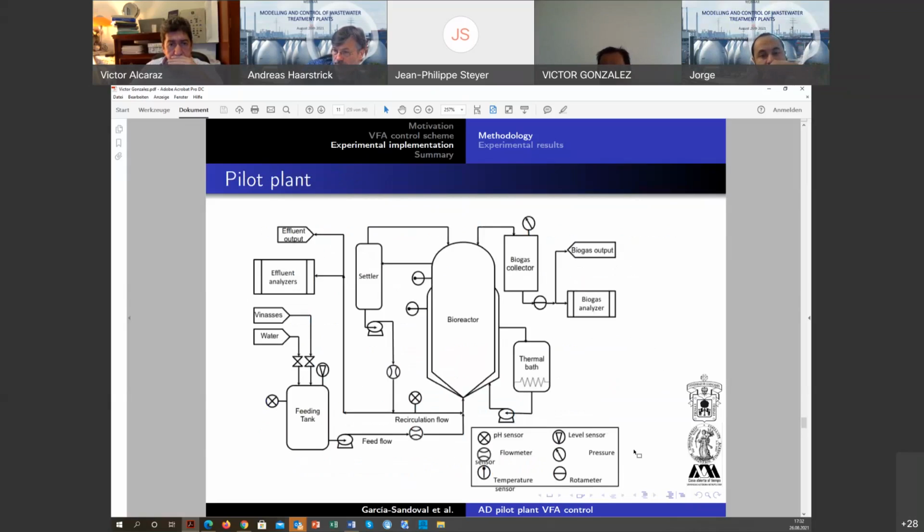This is the experimental setup, how we have the pilot plant in our lab. It's fully instrumented with different sensors that are all connected to LabVIEW.